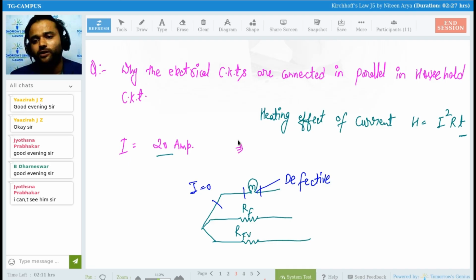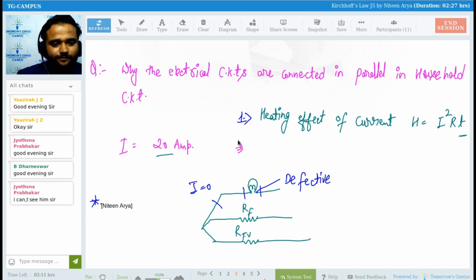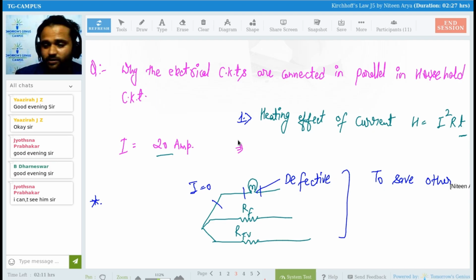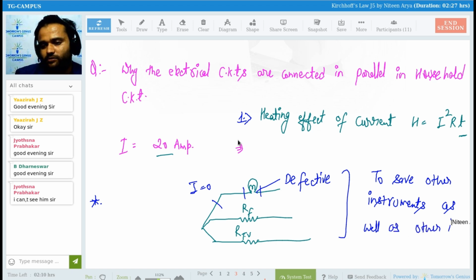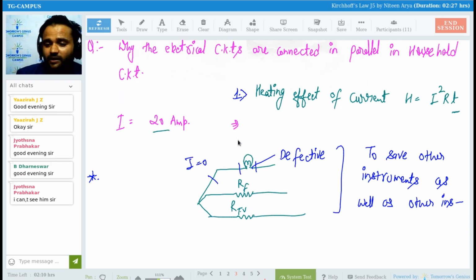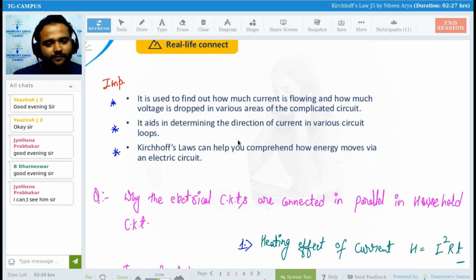So there are two cases for which we use parallel connection in households. The first one is this: the heating effect, to prevent damage to the instruments. In the second case, if any particular instrument is defective or burns, the others are perfectly fine, to save the other instruments. Is this clear? We connect in parallel.